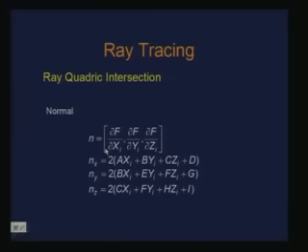So, the normal is nothing but taking the del function for f, which is del f over del x i, del f over del y j, del f over del z k, right. Which turns out to be this. Right. So, now the illumination computation can be done.